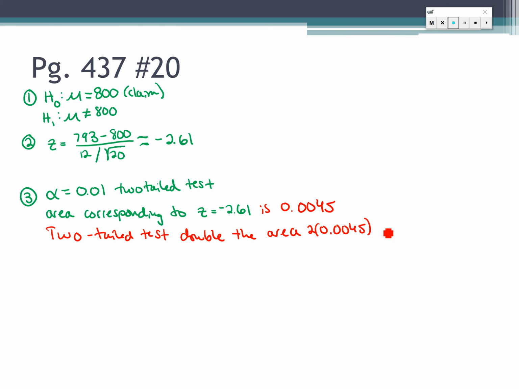Take it times 2. This, ladies and gentlemen, that area, that's our probability. That's our p-value. P-value stands for our probability value. So that's our area that we're looking at.